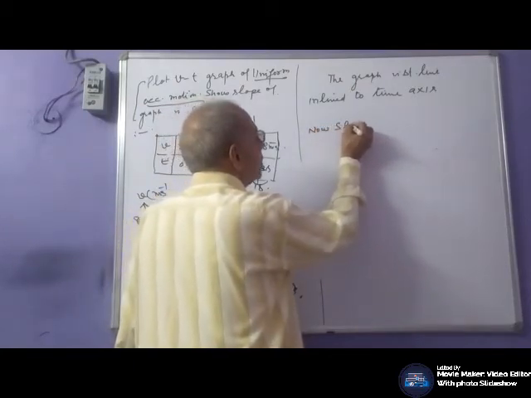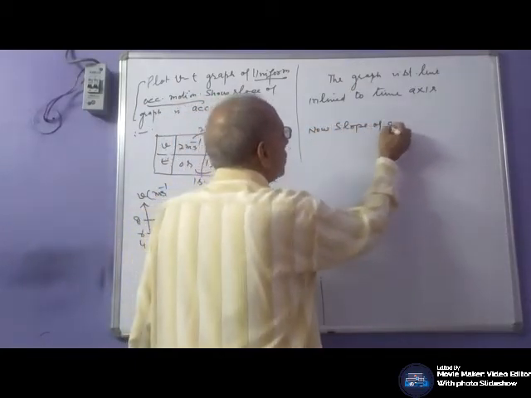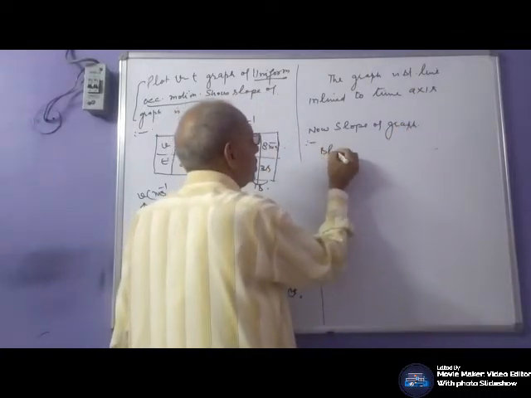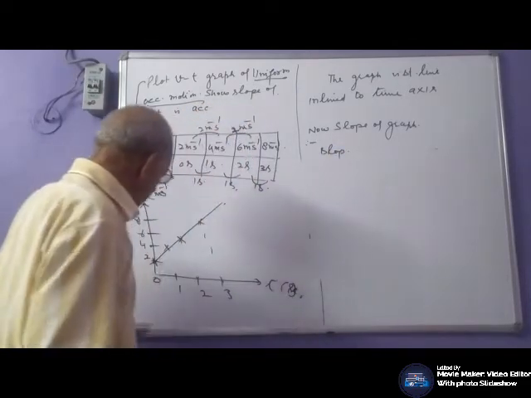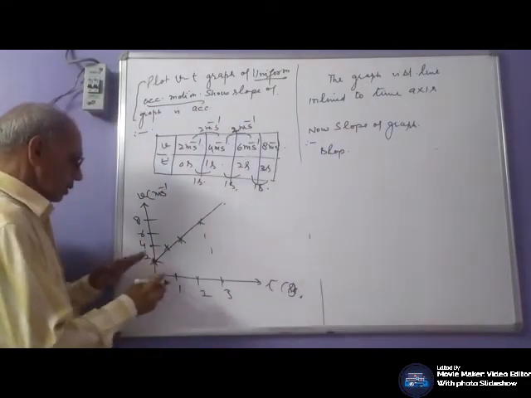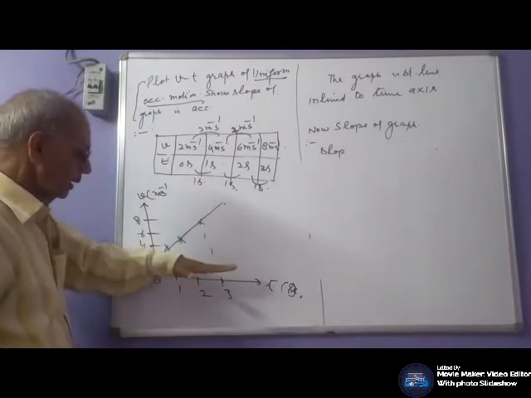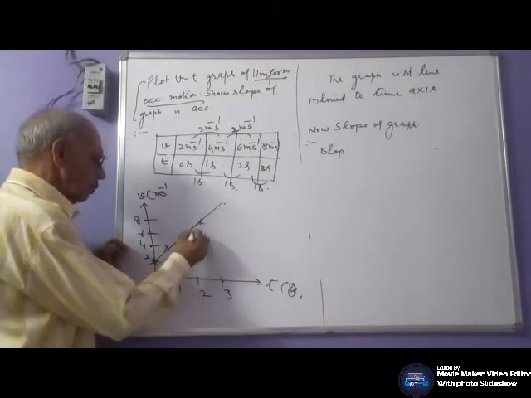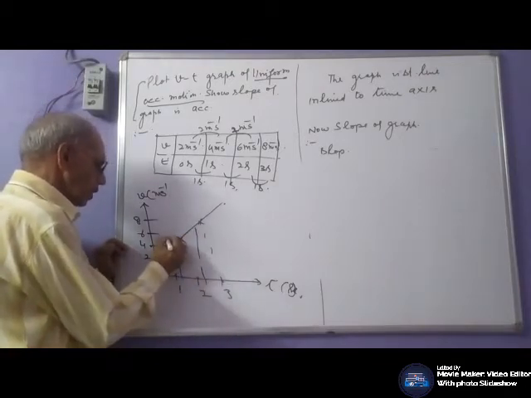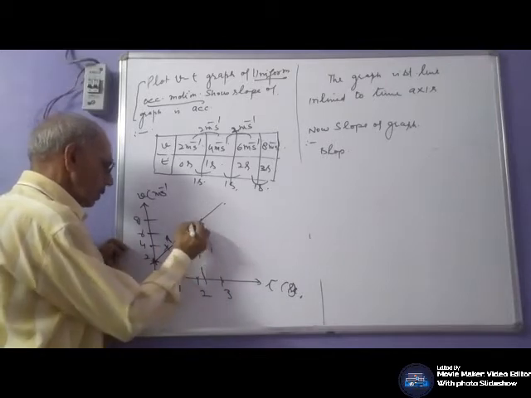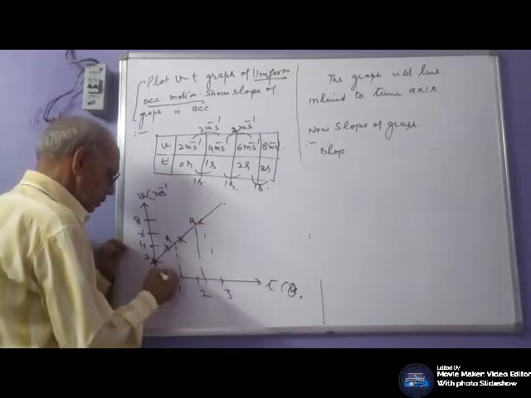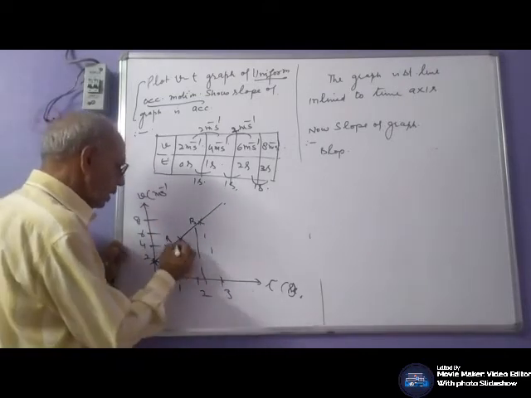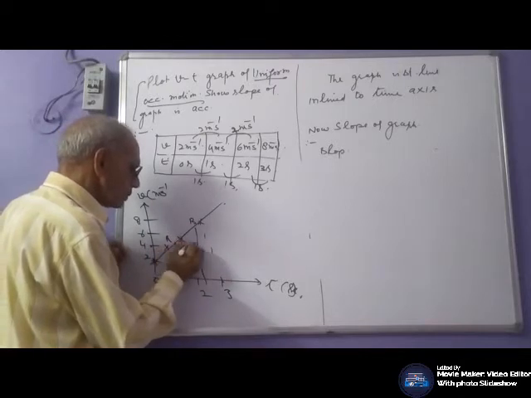Now the slope of the graph. Slope, this is the slope. Draw two parallel lines. Let this be A and this be B. Draw one line parallel to the velocity axis and another line parallel to the time axis.